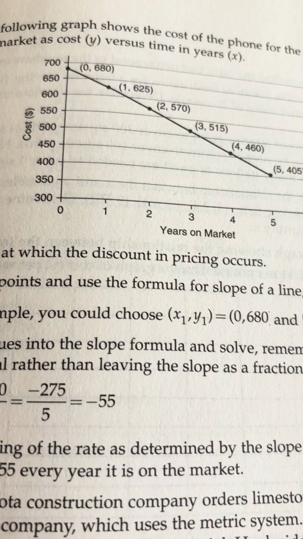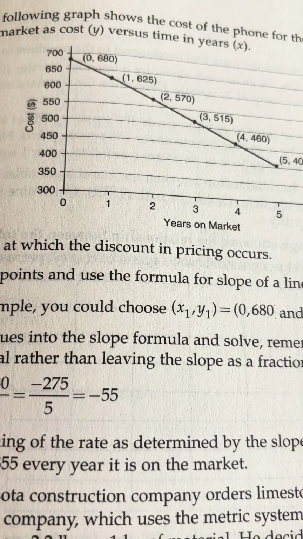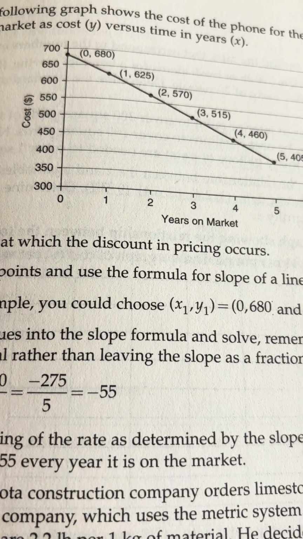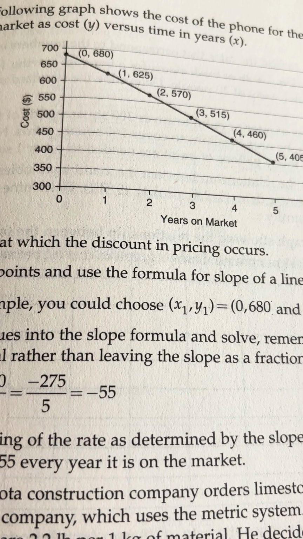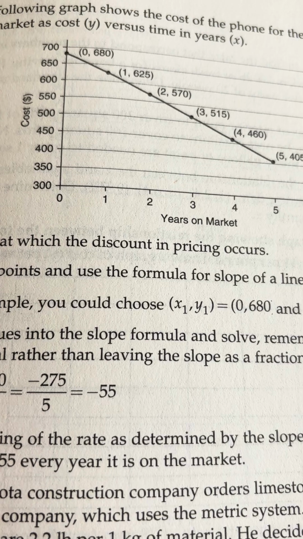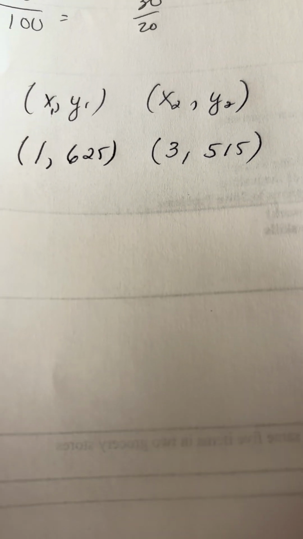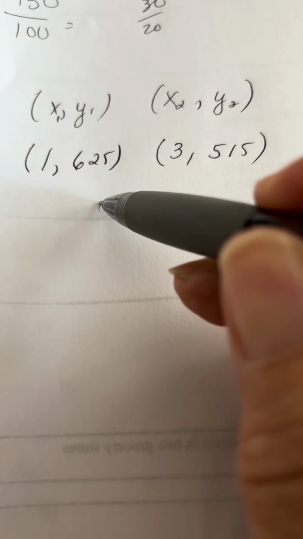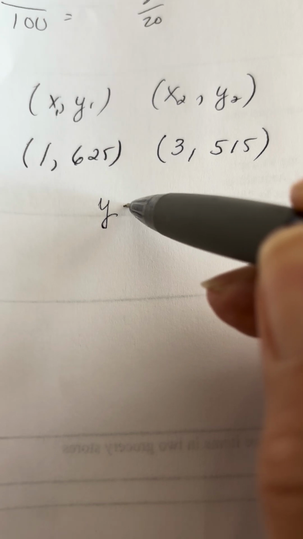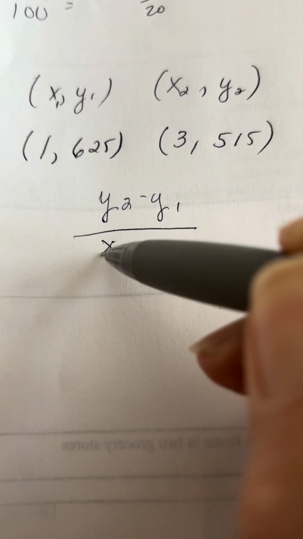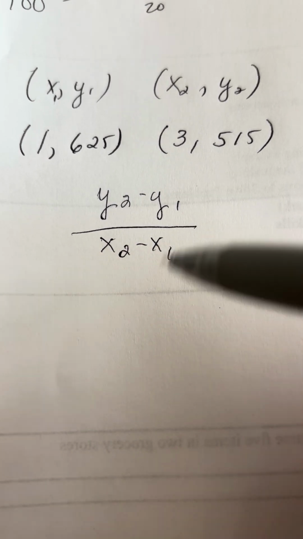I'm going to use 2 different ones just so you have a different example. I'm going to use this first one, 1, 625. And I'm going to use the third one, 3, 515. I just use different ones so that you have another example to look at. So remember, slope is y2 minus y1 over x2 minus x1.